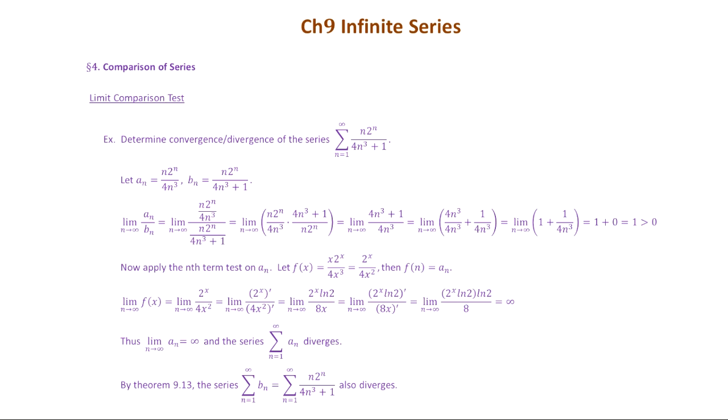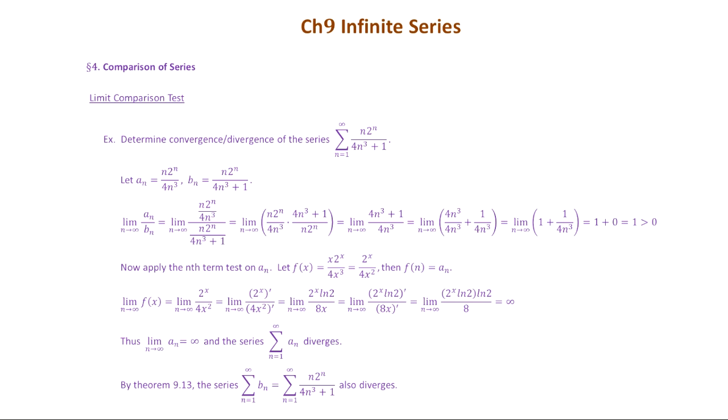And obviously f of n equals a_n because that's how f is defined. And why do you want to do that? Then we can find the limit of f, and the limit of the sequence a_n must have the same limit as the function f. And because now f is continuous and differentiable, then we can use L'Hopital's rule to find the limit.